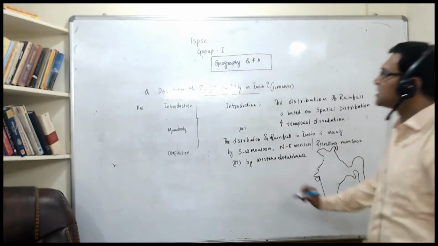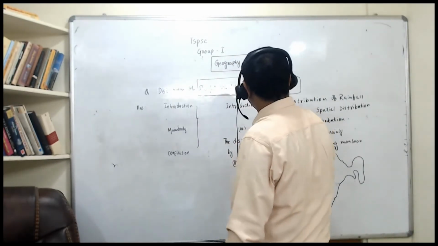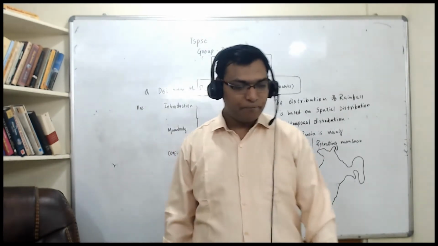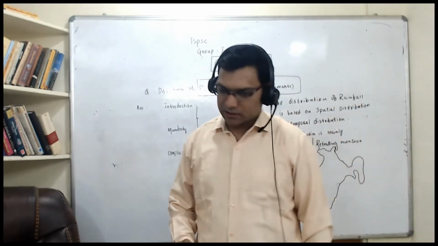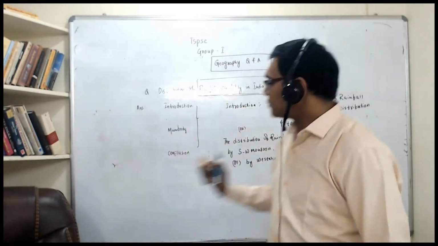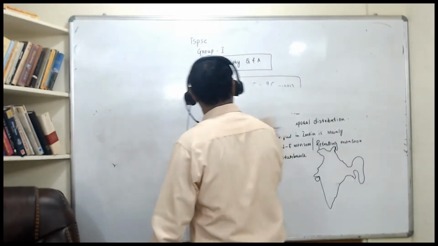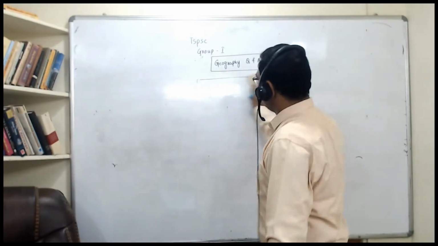Now the question is rainfall variability: how does this rainfall vary with space and time? That is the question that we need to see. First, mainly from the southwest monsoon I will talk.